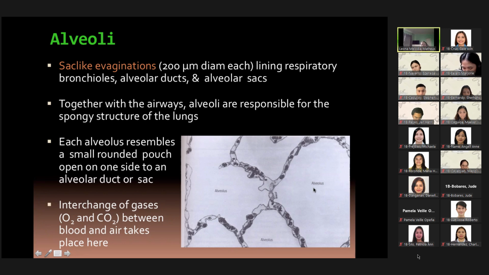Each alveolus is like a rounded pouch which is open on one side and ends up on a sac or duct on the other side. Again, don't forget, this is where the gases, oxygen and carbon dioxide, are interchanged between the blood and the air.